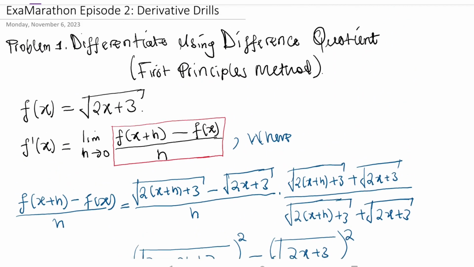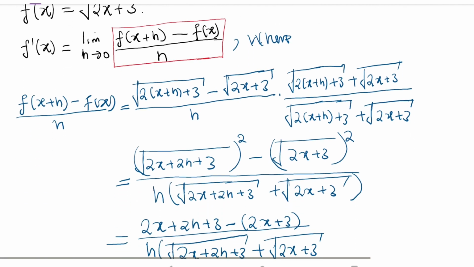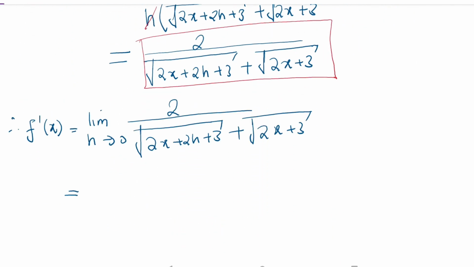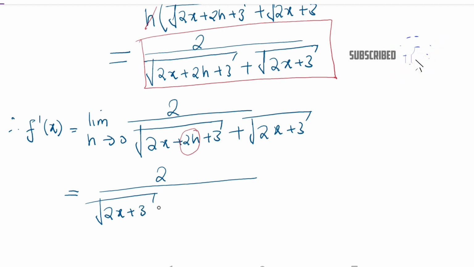So we're going to take the limit operator as follows. When we apply the limit operator, h is 0. So we have 2 over the square root of 2x plus 3 plus the square root of 2x plus 3.